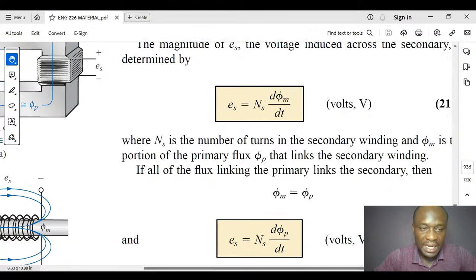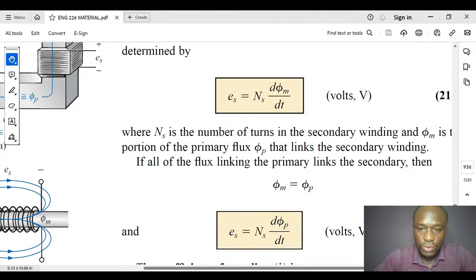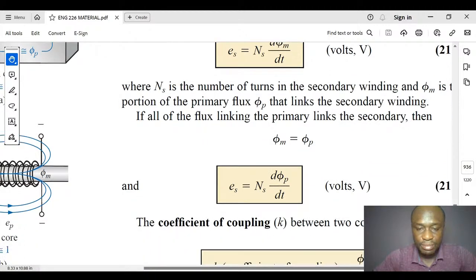It's assumed that they are equal. So once we agree that the mutual flux is equal to the primary flux, we will now say that the secondary voltage of the transformer is equal to the number of turns times the change in the primary flux over time.